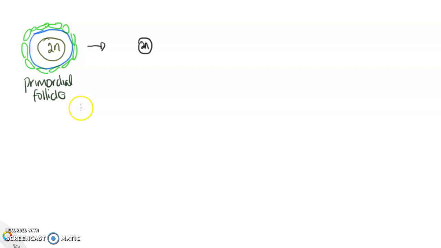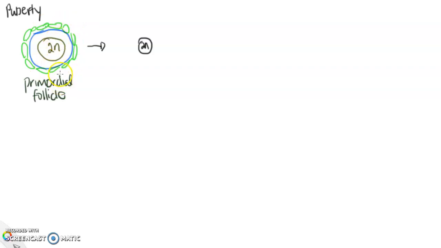All right, so now we have our primordial follicles. So at puberty, we get a host of hormonal activity and we start to go through those cycles.